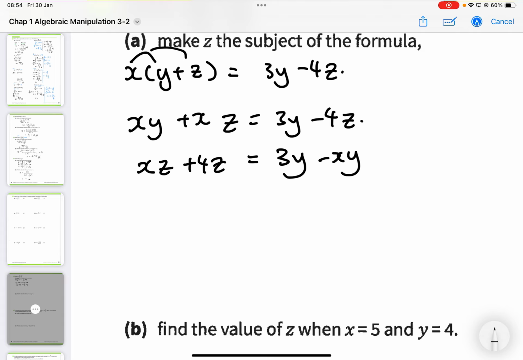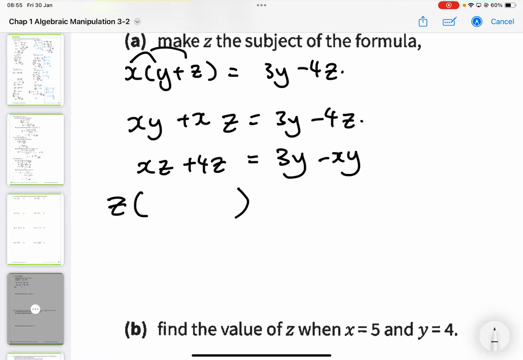Then the next one, XZ plus 4Z. I still don't know, it should be equal to how many Z? So here I need to do one thing. You have Z in the front term, you have Z in the behind term. You can do a factorization. You have 2 terms, but I can change these 2 terms into a factorized form. I take out the common factor Z, then I'll be left with a bracket.